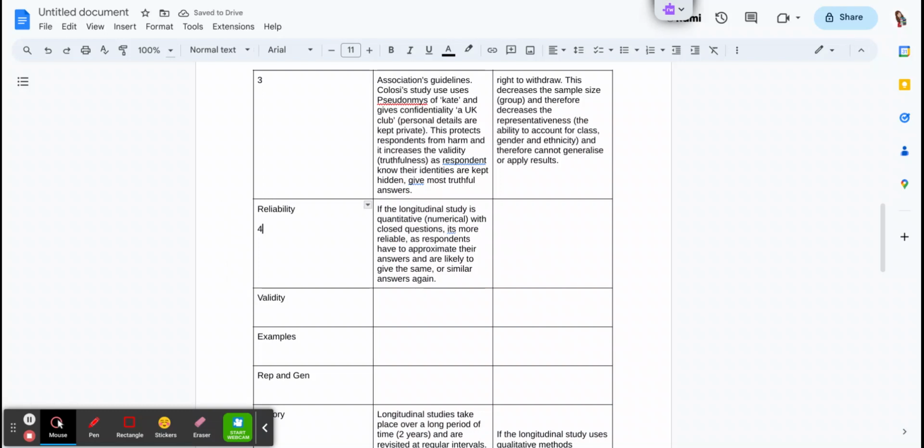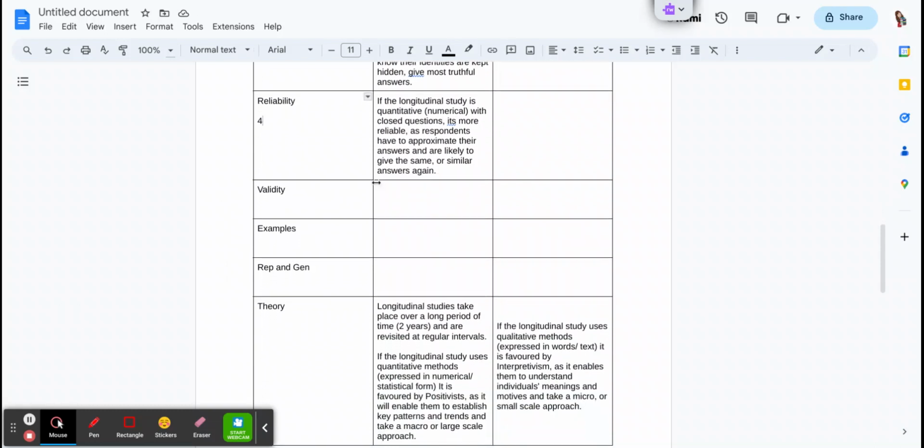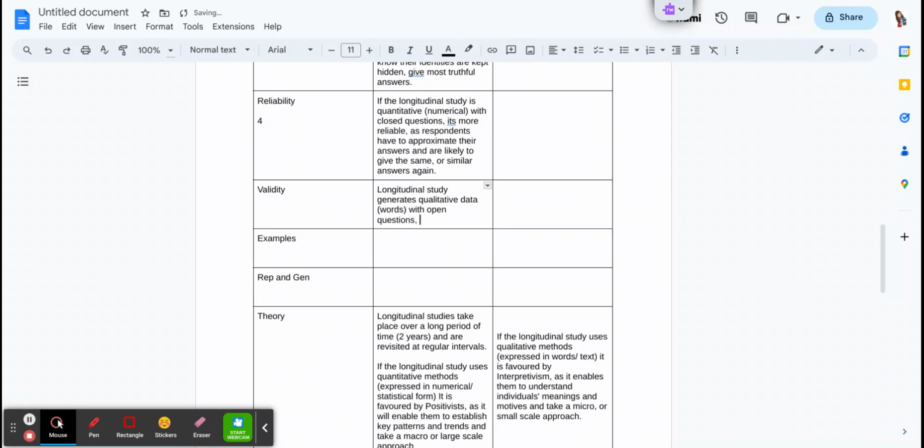So, validity. Similarly, if the longitudinal study generates qualitative data, so in words or text, with open questions, respondents don't approximate.